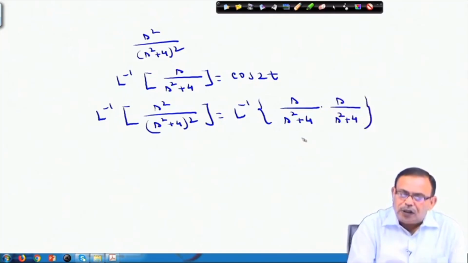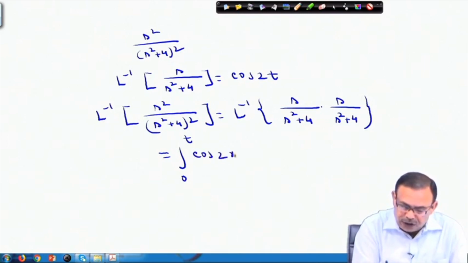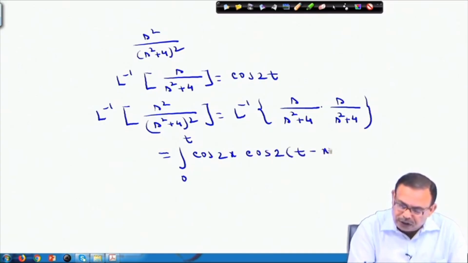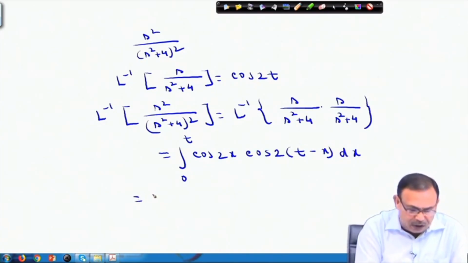So, this is Laplace inverse of f(s) into g(s), and using the convolution theorem, this is f(t), that is cos of 2x, into g of t minus x, means cos of 2 into (t minus x), dx. And now I have to evaluate this particular integral.